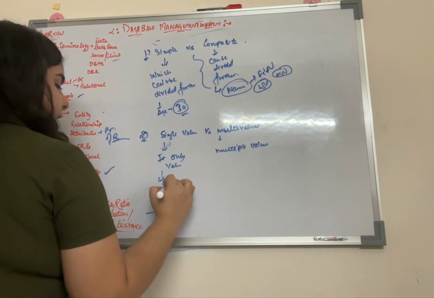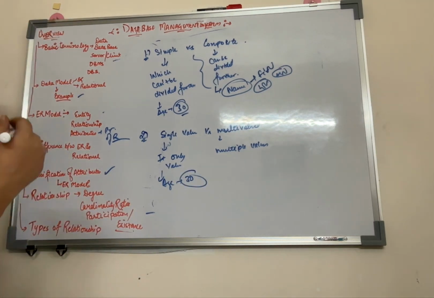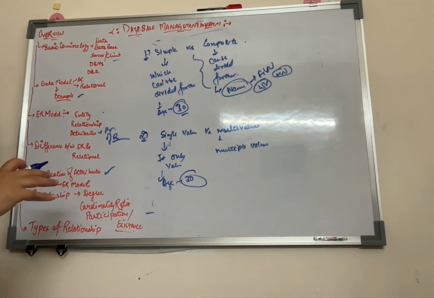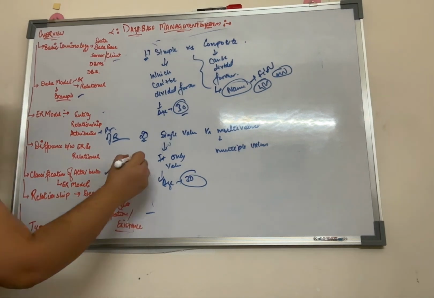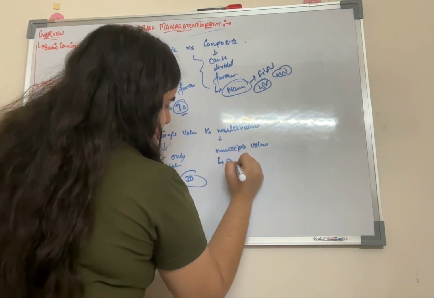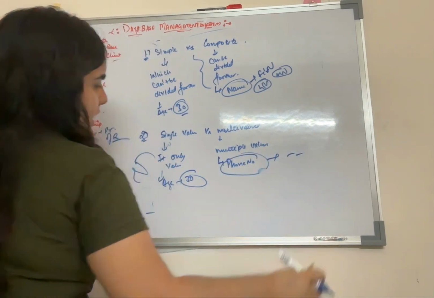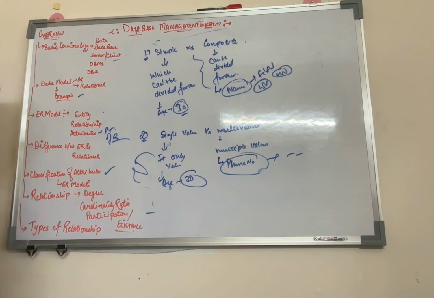So again, age: a person can have only one age, right? It cannot be that the person is both 15 and 30 years. So it is a single-valued attribute. But for multi-valued, let's say phone number. A person can have more than one phone, or let's say SIM cards. So this is a multi-valued attribute.